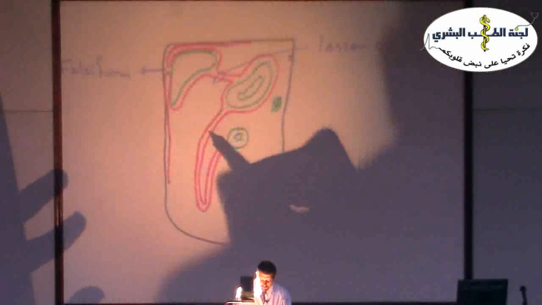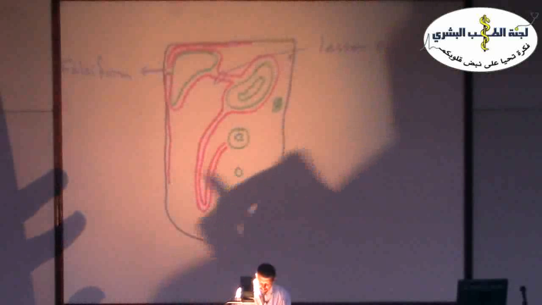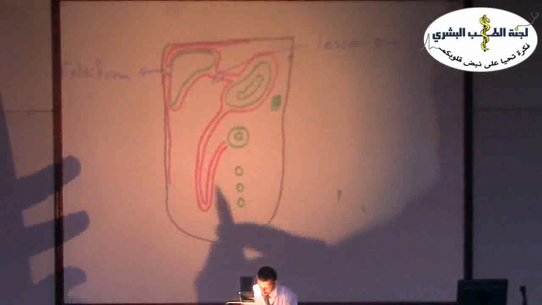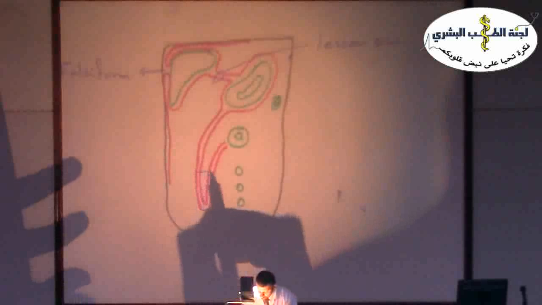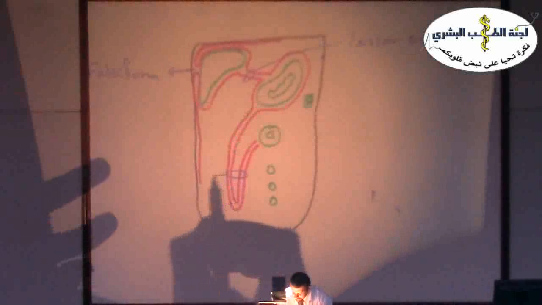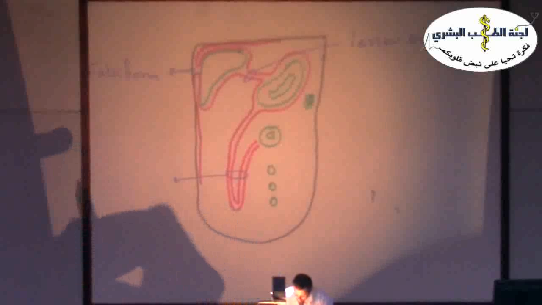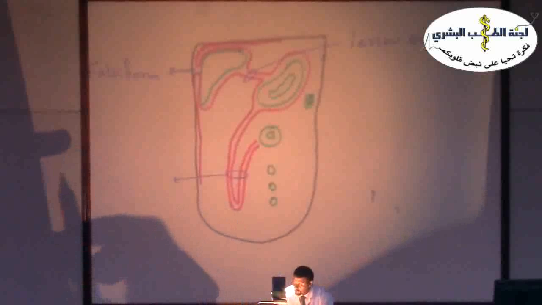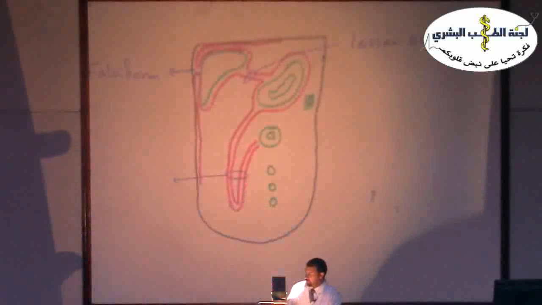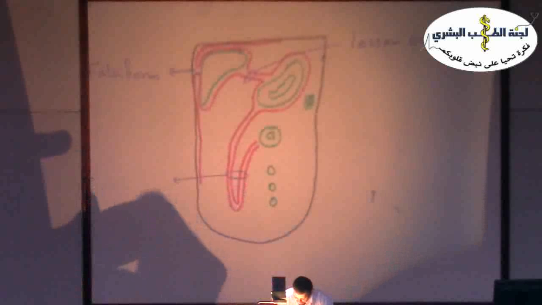Here between those layers there is only adipose tissue, fat. So this structure, 4 layers, is the greater omentum, or gastrocolic omentum.